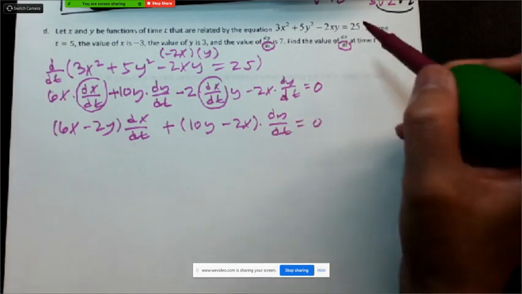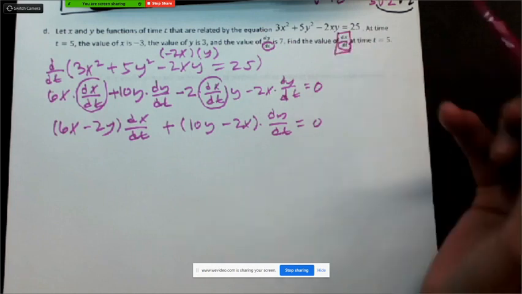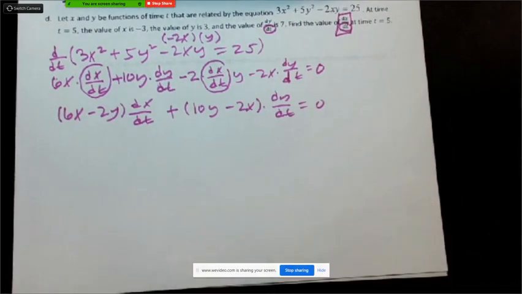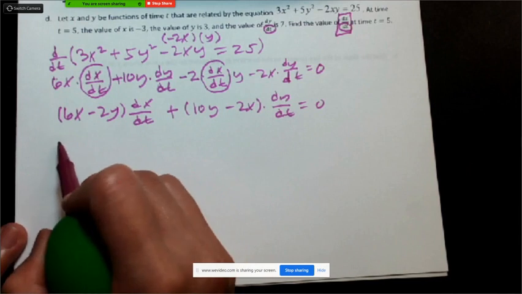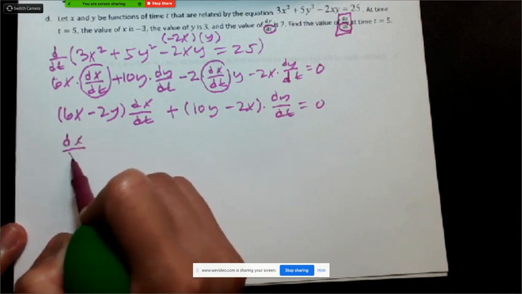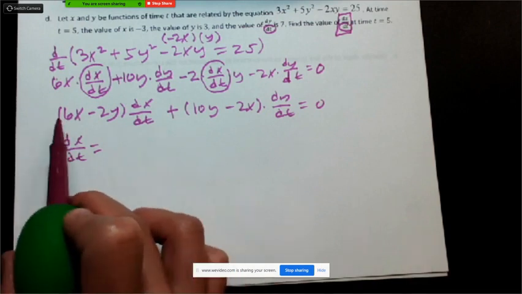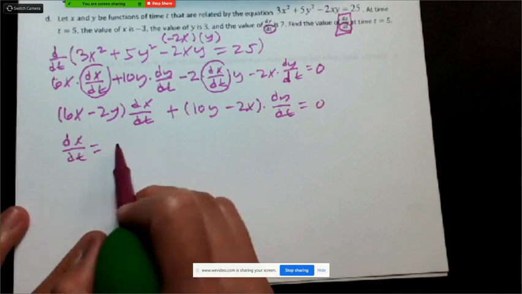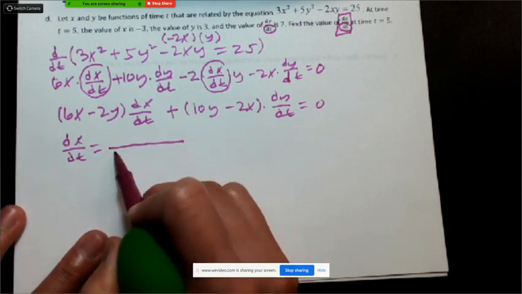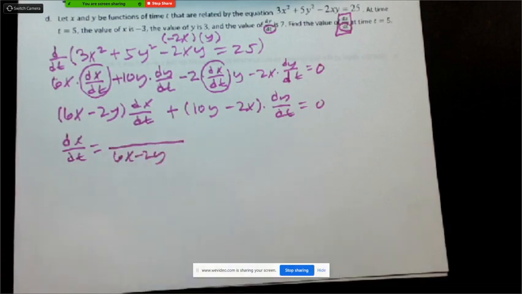What does it say to solve for? What do I need to have by itself on the left side? dx over dt. So I'm going to write out dx over dt is equal to. We know we're going to divide by the coefficient of dx over dt, so I'm going to write that out: 6x minus 2y. And then we're going to subtract this guy.